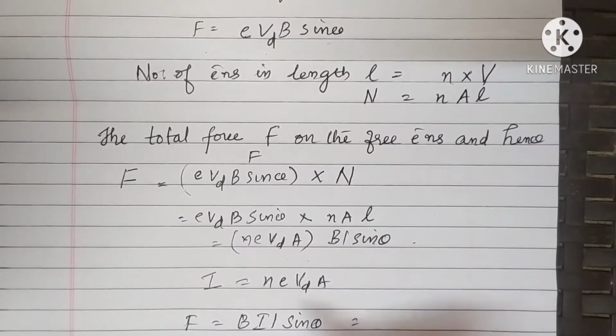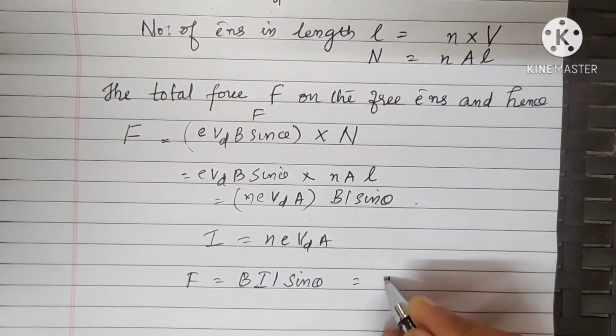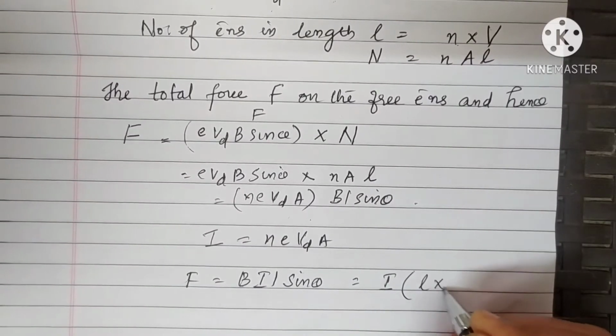Or here you know this B and also L, that is a displacement, or the length, both are vector quantities. So I can write I into L cross B.